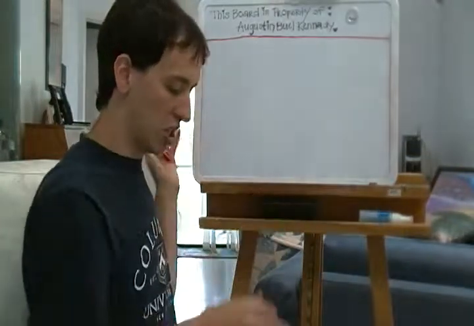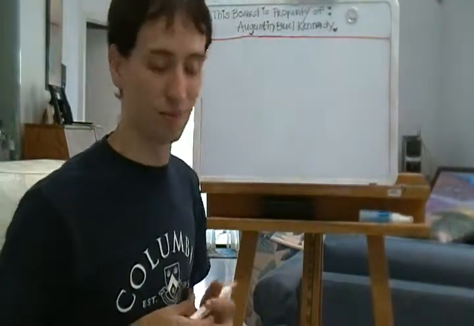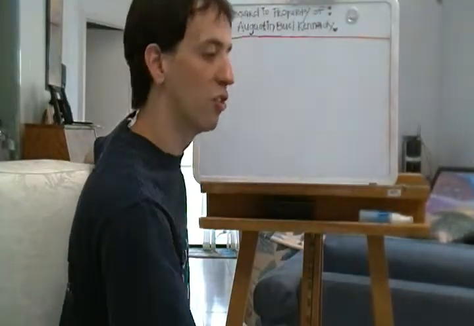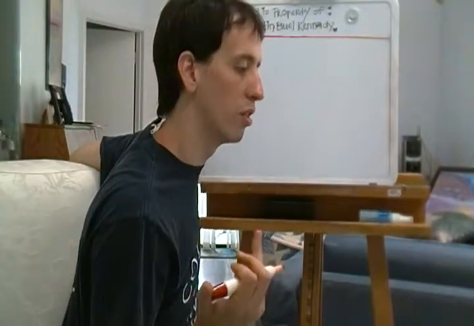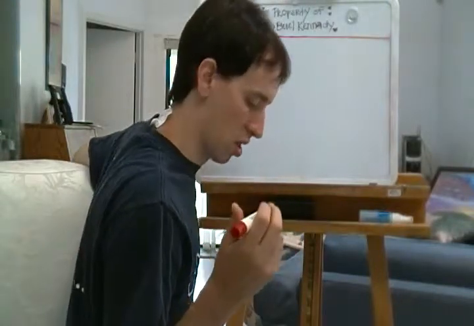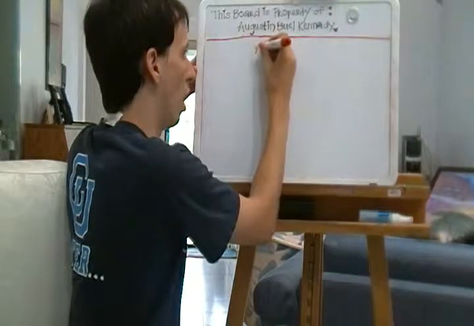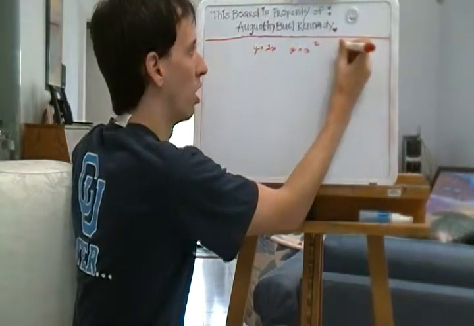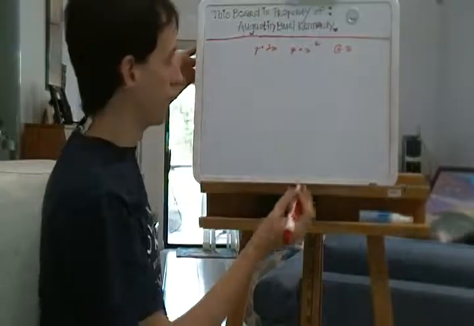Now the next question was an application of finding volumes of solids of revolution. I asked you to find the volume of the solid obtained by rotating the region bounded by the given curves about the specified axis. The curves I gave you were very simple: y equals 2x, y equals x squared, about the x-axis.